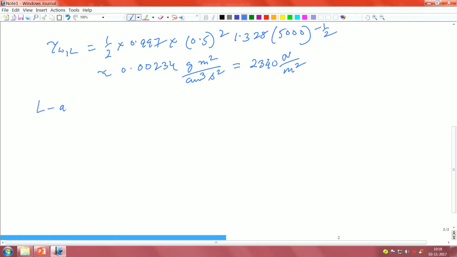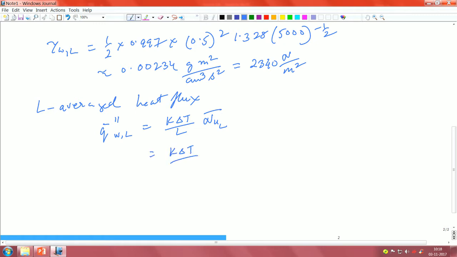Similarly, the L averaged heat flux, q bar double prime W comma L, is given by Nusselt number L bar times k delta T by L, that is k delta T by L times 0.664 Prandtl number to the 1/3, Reynolds number to the half.